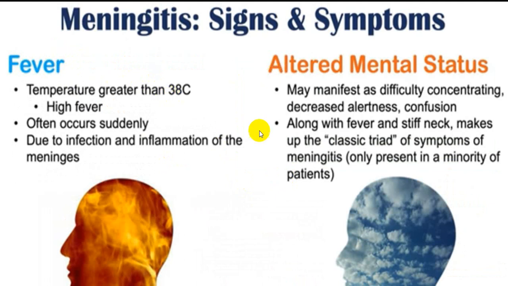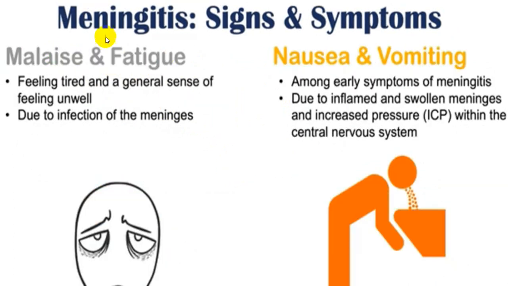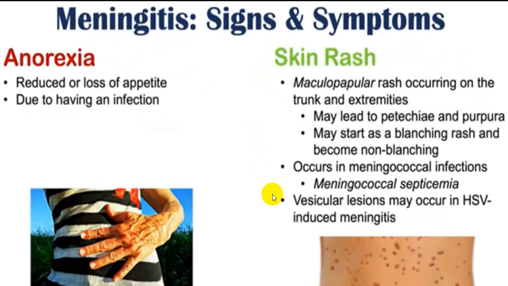Fever, altered mental status, quite common. Severe headache, photophobia, phonophobia, very, very common. Malaise, fatigue, nausea, vomiting, again very common. Anorexia, skin rash. Skin rash is a maculopapular rash. Right from that, you can have even bleeding, petechiae, or even ecchymosis, very common in meningococcemia or meningococcal septicemia.